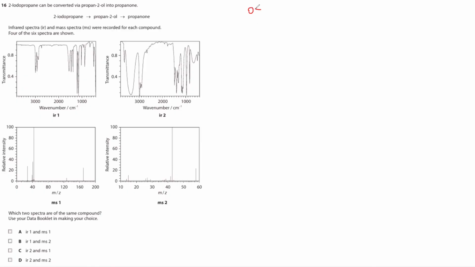If I have an OH bond, there'll be a broad peak around 3000 to 3500 wave number. I'll get a broad peak for the OH bond. If I have a carbon-oxygen double bond, there'll be a sharp peak at around 1650 to 1800.